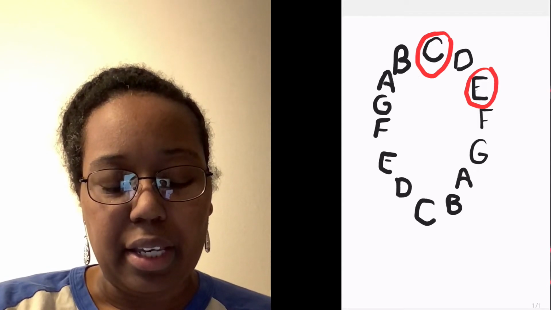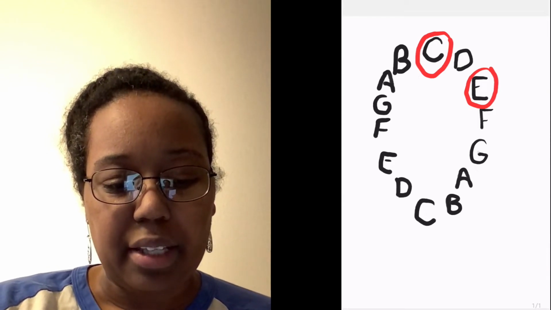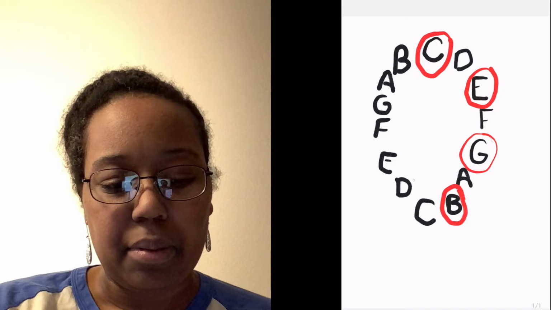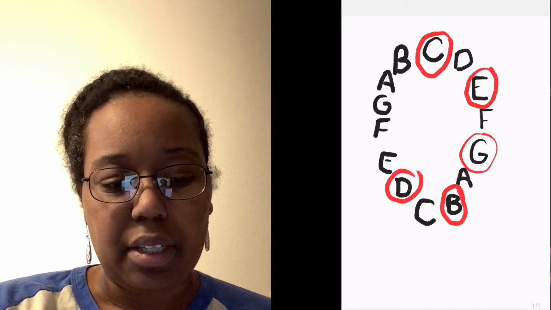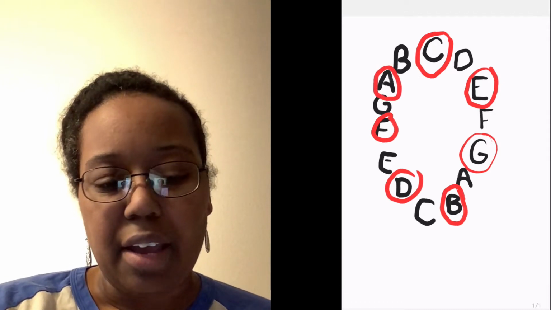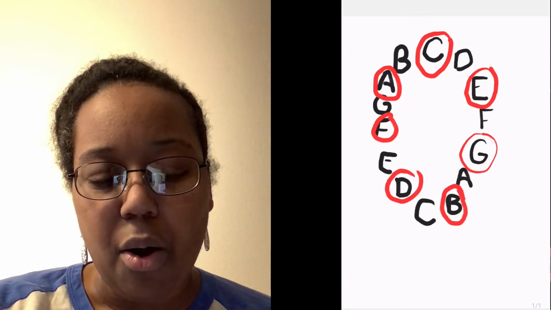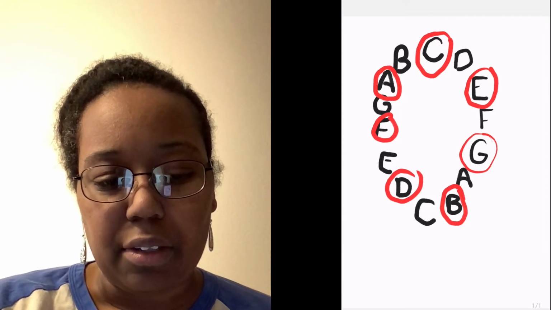Then I went again and circled. Then I skipped the next letter. So circle, skip, circle, skip, circle, skip, circle. That's the F, skip, and circle. If you look, there's a circle, skip, circle, skip, circle, skip, all the way around this circle.